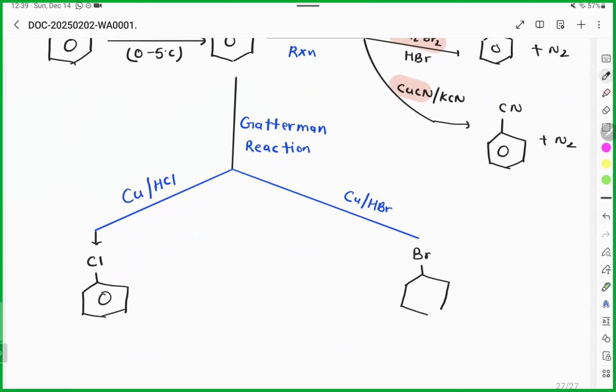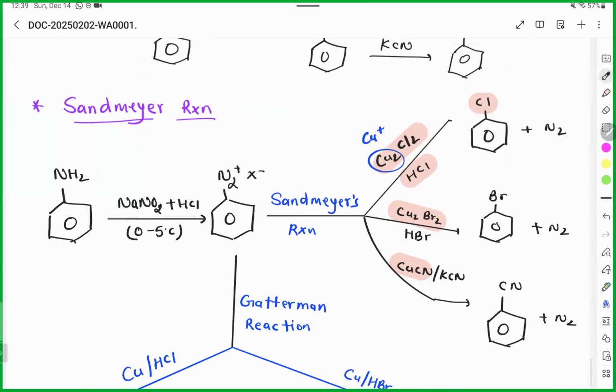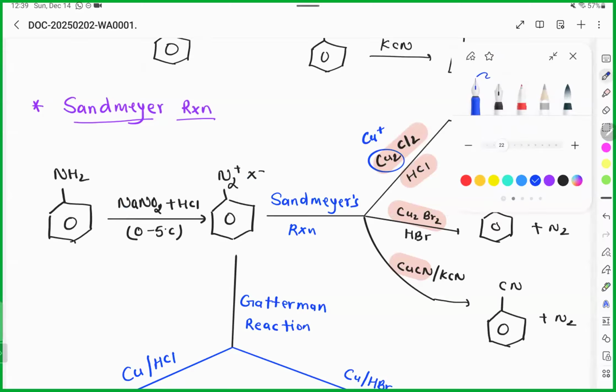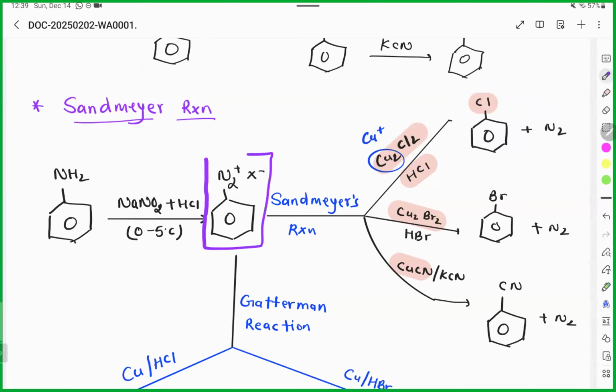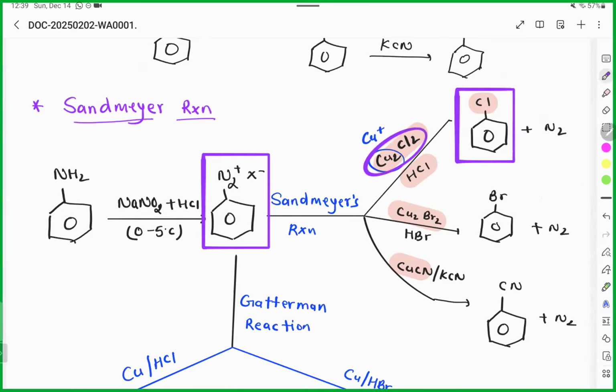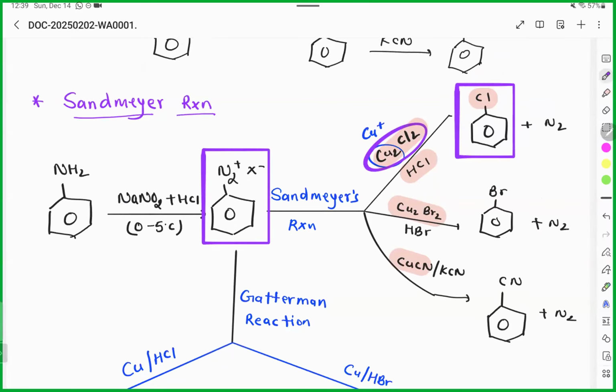What is the difference? The difference is that in the previous reaction, reactant same, product same. What is different? Reagent. Here, the reactant was the same, the product was the same, but the reagent was copper halide in cuprous form.